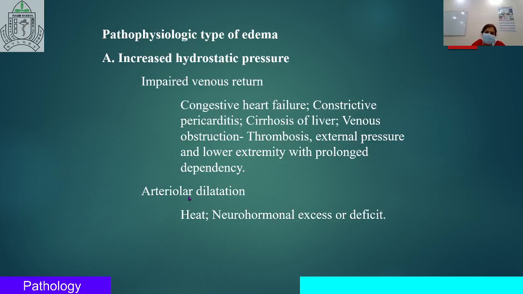Another mechanism of increased hydrostatic pressure is arteriolar dilatation. Why may this arteriolar dilatation occur? By heat or neurohumoral excess or deficit. So, in the pathophysiology of edema, one of the most important causes is increased hydrostatic pressure, which occurs due to impaired venous return and/or arterial dilatation.